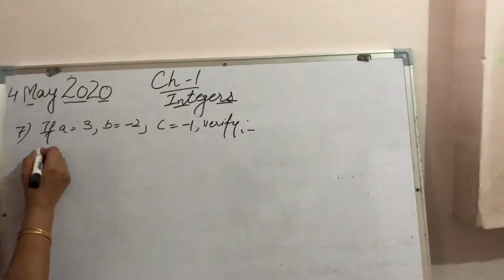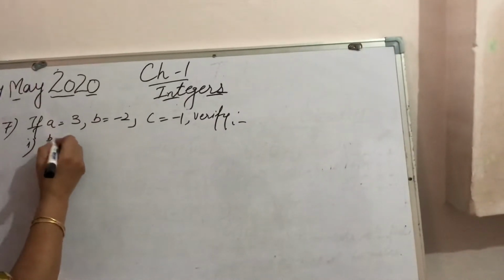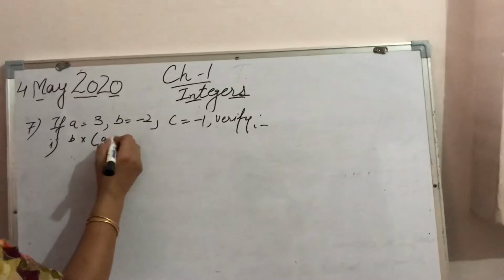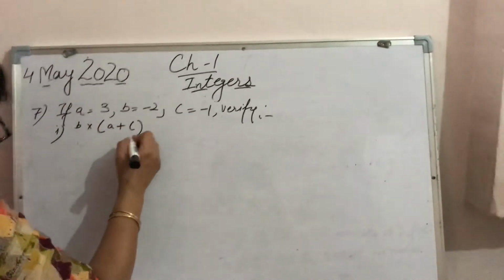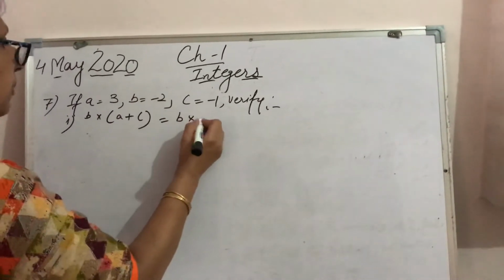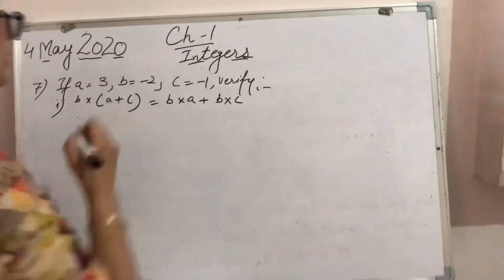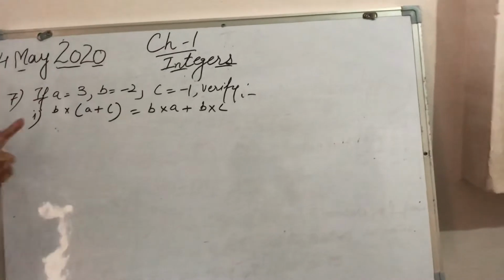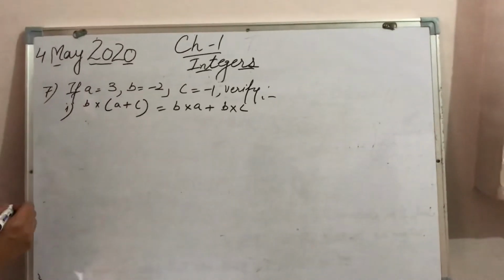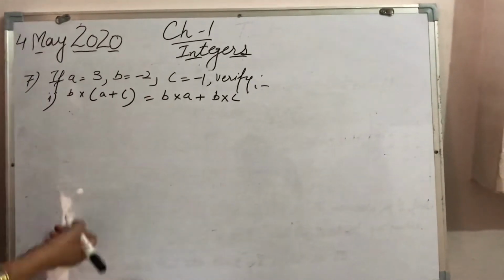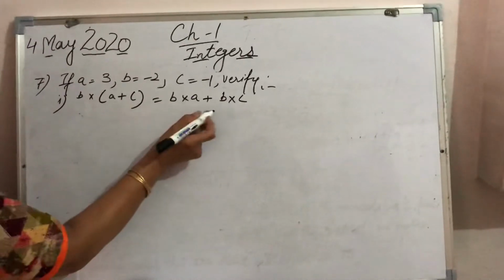In the first part we have to verify B into A plus C equals B multiply A plus B multiply C. Check this verification carefully. We have already done this in the previous question. This is the distributive property.